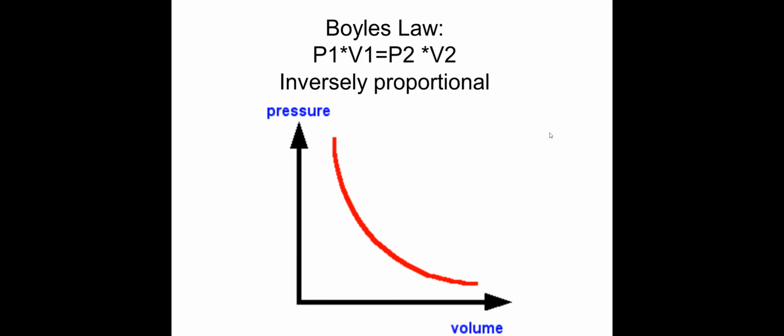As somebody's compliance decreases, that means one of two things. More pressure is required to deliver a set volume, or at a set pressure, less volume is delivered. How can we take that and apply it to Boyle's law when it seems the opposite? It's not a trick question. You just have to think about physiological concepts.